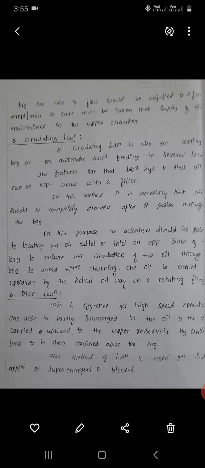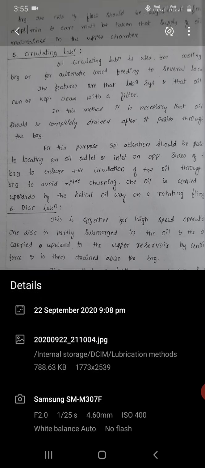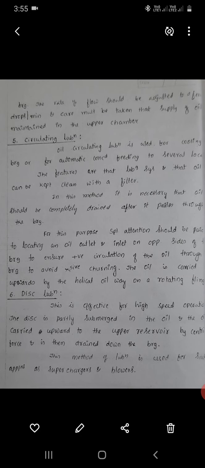In this method, it is necessary that the oil should be completely drained after it passes through the bearing. For this purpose, special attention should be paid to locating the oil outlet and inlet on opposite sides of the bearing to ensure positive circulation of the oil through the bearing. To avoid excessive churning, the oil is carried upwards by the helical oil way on a rotating flange.